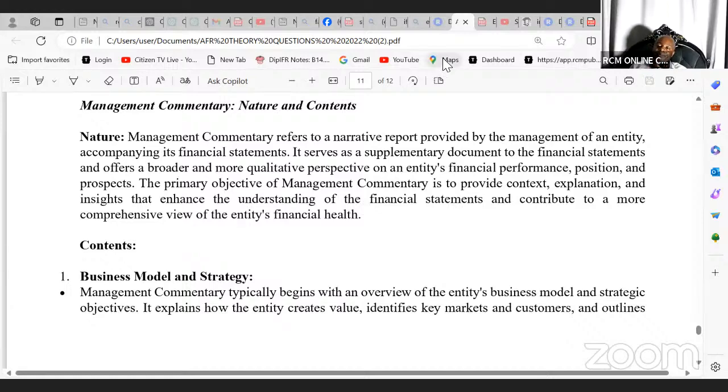Ladies and gentlemen, I love these management commentaries because as auditors, we're giving an opinion regarding what here, financial statements. As an auditor, my obligation is to go through the income statement, the statement of financial position, the cash flow statement, the statement of changes in equity, and then we have notes to the accounts.